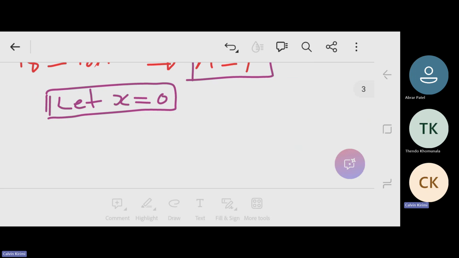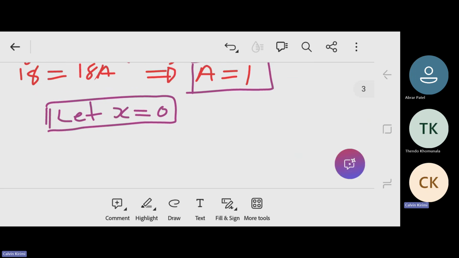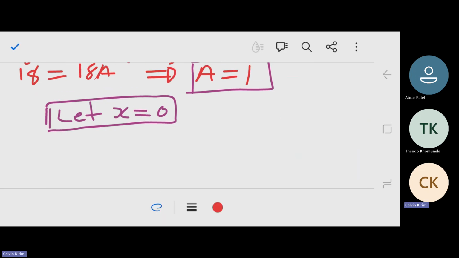We know that 18 is equal to A, which is 1, bracket x squared plus 9.